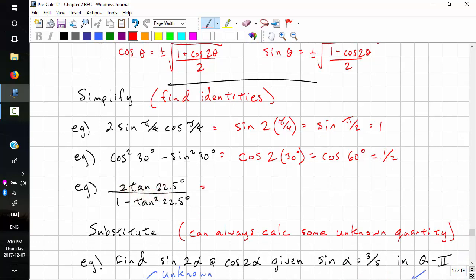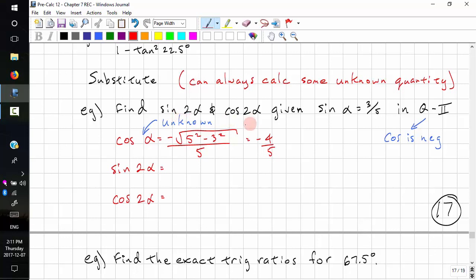And we have the 2 tan over 1 minus tan squared, so that's just tan of 2 times 22.5 degrees. That's tan 45 degrees. That's a special angle, so we need the special ratio, and that's 1.